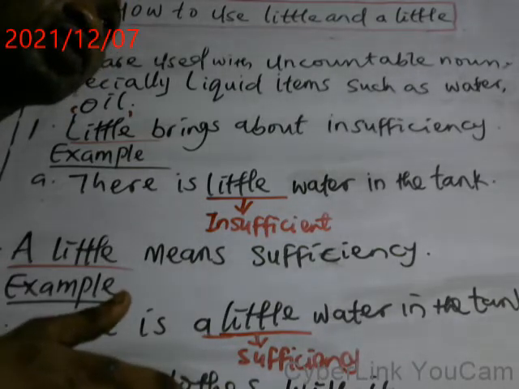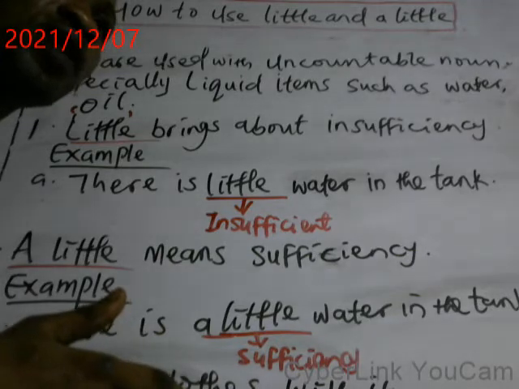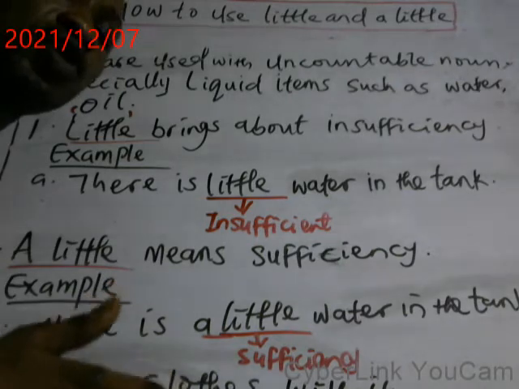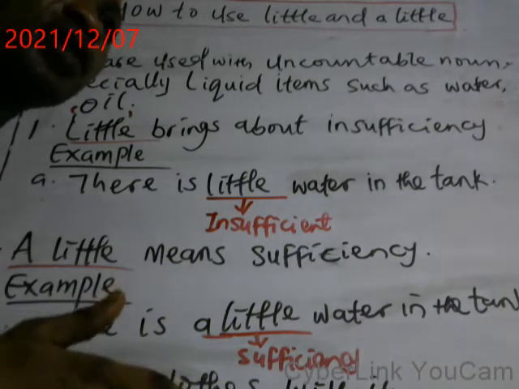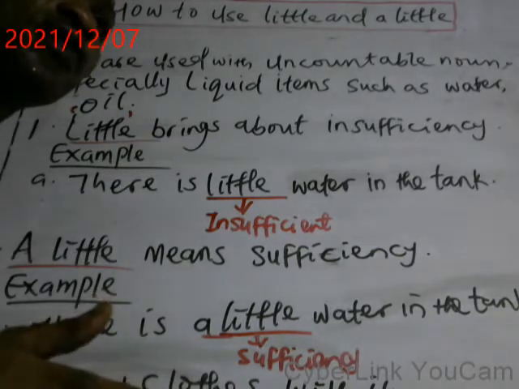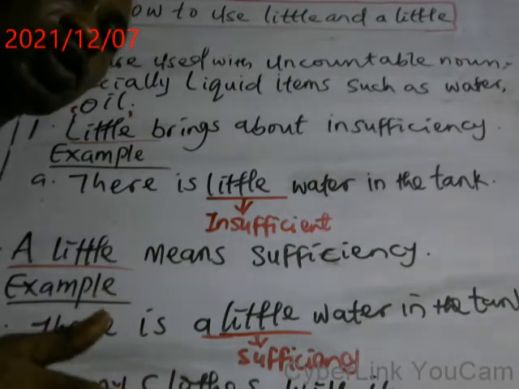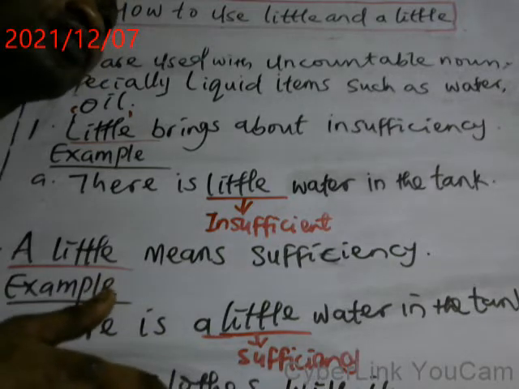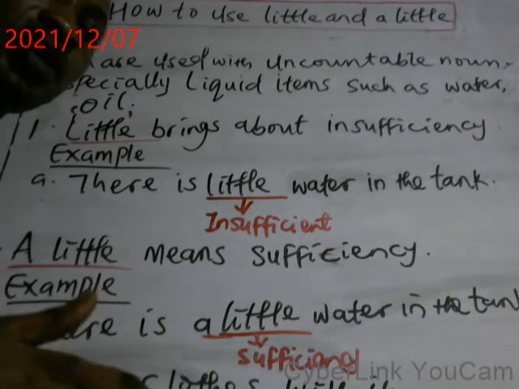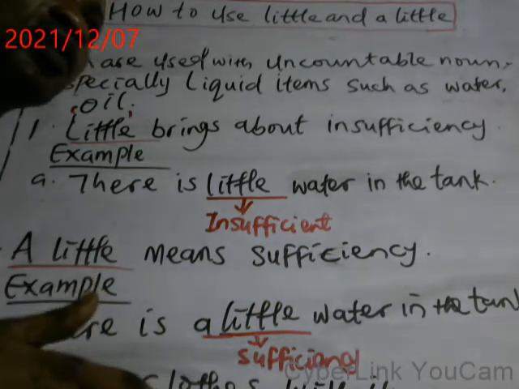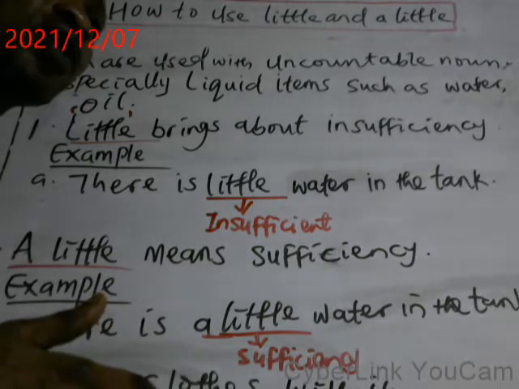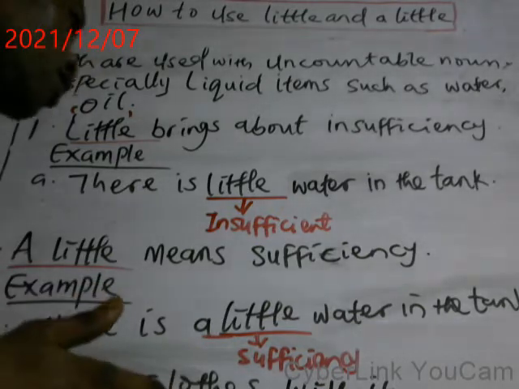So thus we try to establish what we have earlier said, that little means insufficiency. It means that that particular noun or item is not enough, is not up to the quantity that we want. Whereas a little means sufficiency. It means that that particular quantity is enough, is adequate, can give us what we need.